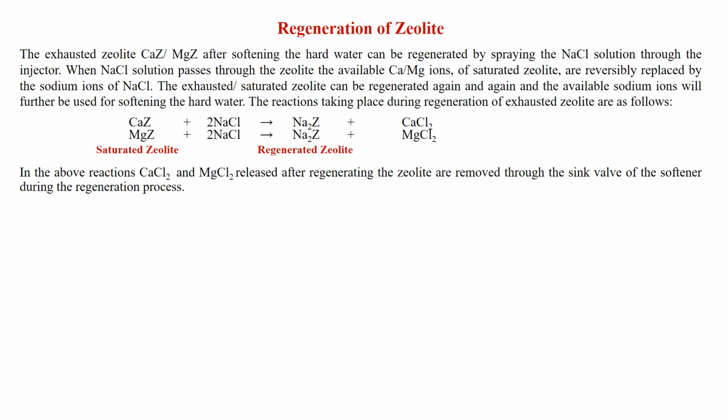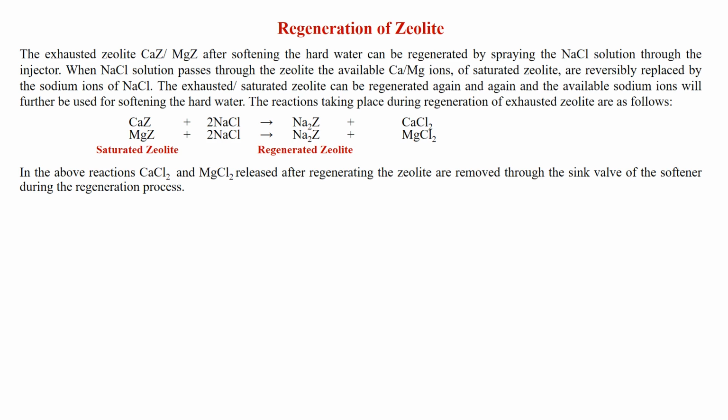The exhausted zeolite after softening the hard water can be regenerated by spraying the brine solution, the solution of NaCl, through the injector over the exhausted zeolite bed.